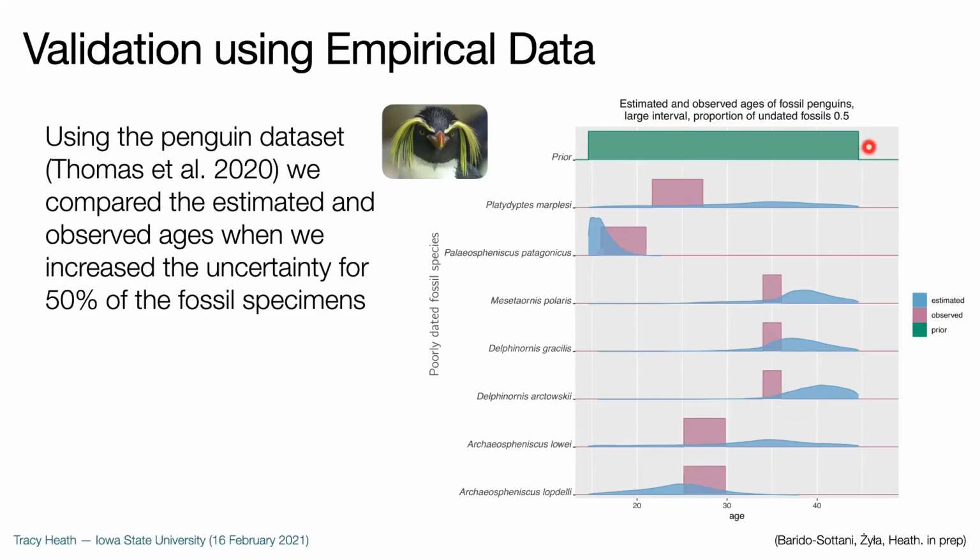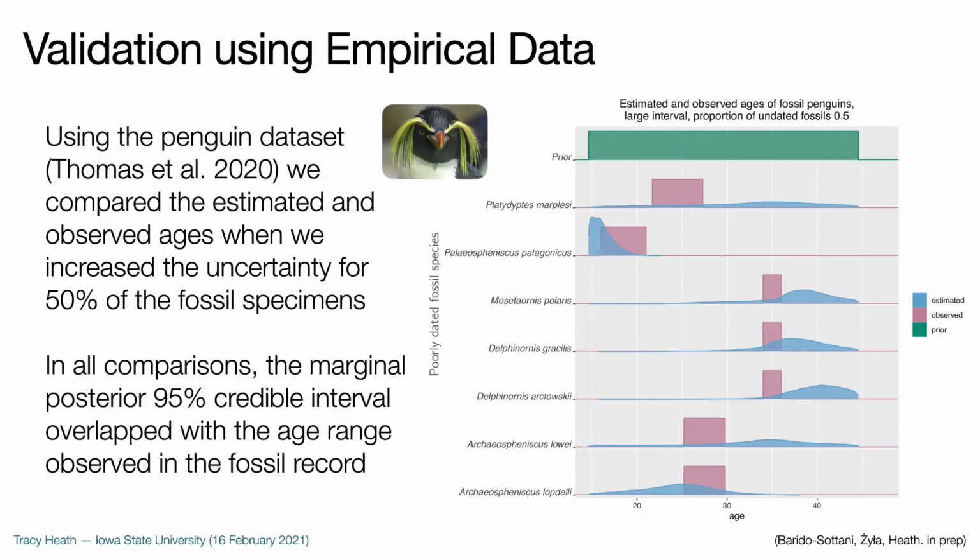And the prior here is showing how we extended the uncertainty for these fossils to be between about 14 million and 44 million years. So in reality, all of these fossils have much, much more precise age ranges that are observed from the dated formations where they come from. And these are shown in pink for each of these.